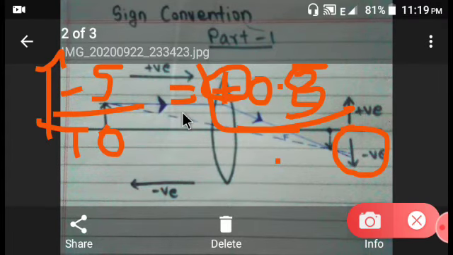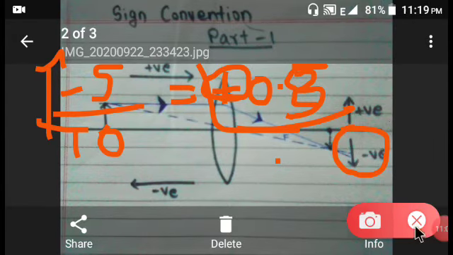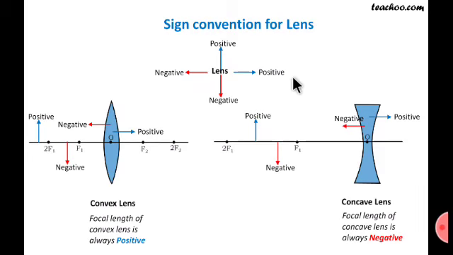That's what they are saying, that we need to see the sign convention, negative, positive. These things are very important, and we need to consider them in most of the cases. That's all here, I guess. And the final image is this, sign convention for lenses.